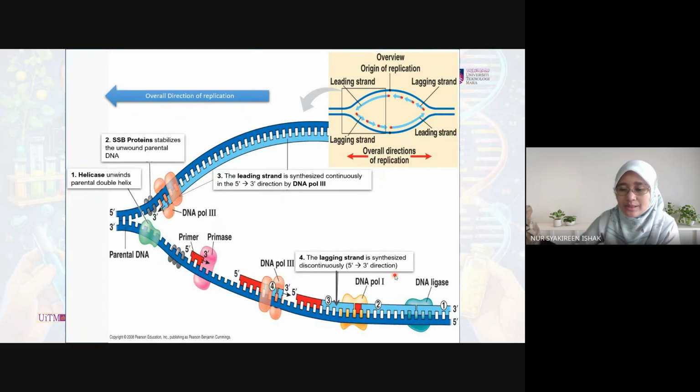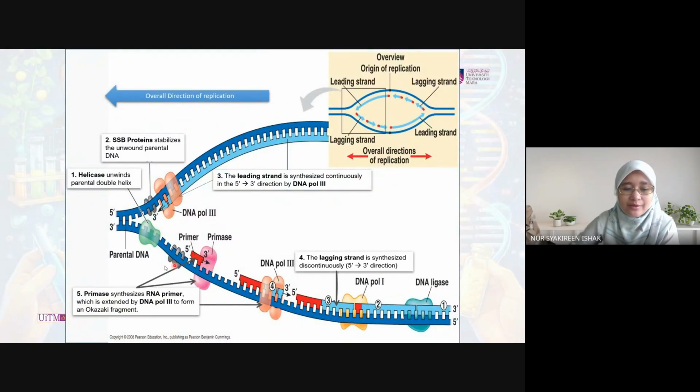The lagging strand is synthesized discontinuously as fragments, also in the 5 to 3 prime direction. Any synthesis of a polynucleotide, whether lagging strand, leading strand, or RNA molecule, is always in the 5 to 3 prime direction.